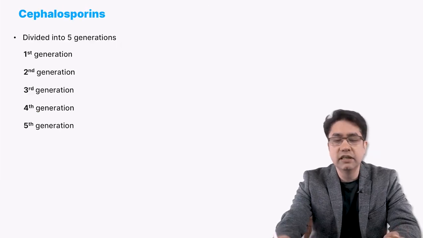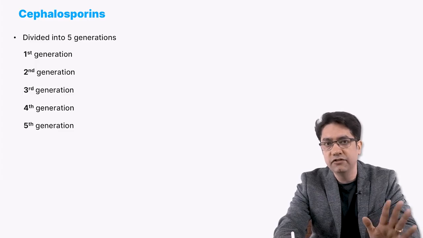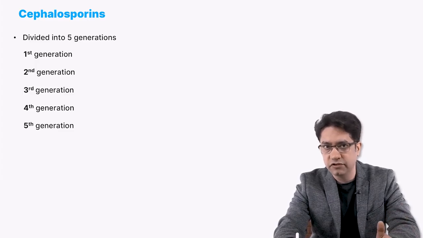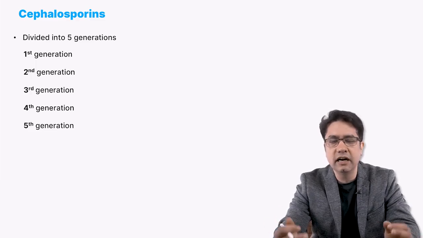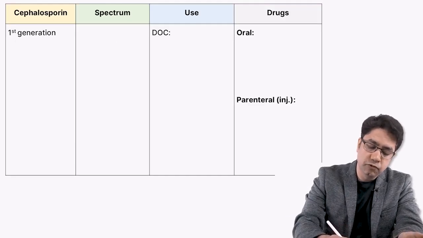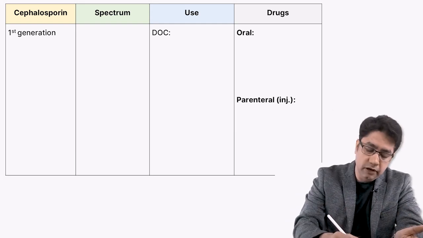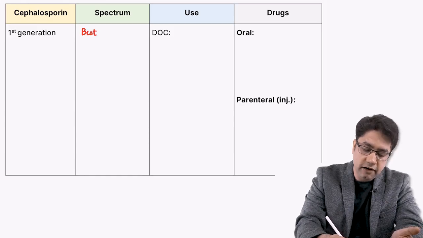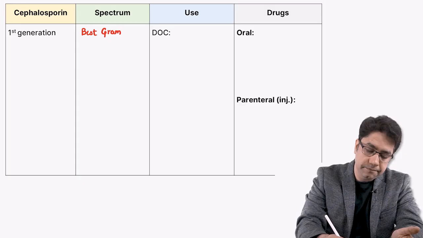Cephalosporins are divided into 5 generations, first to 5th generation, and let's see where each generation is used and how we can remember their names. The first generation cephalosporins are the best drugs we have among all cephalosporins for gram-positive infections.